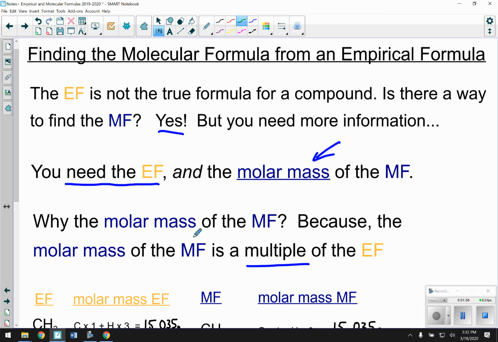I'm going to show you how that's true here in a second when I scroll down. But it is true that if we know the molar mass of the molecular formula, we're going to be able to do a very simple calculation to find what multiple of the empirical formula that molecular formula is.